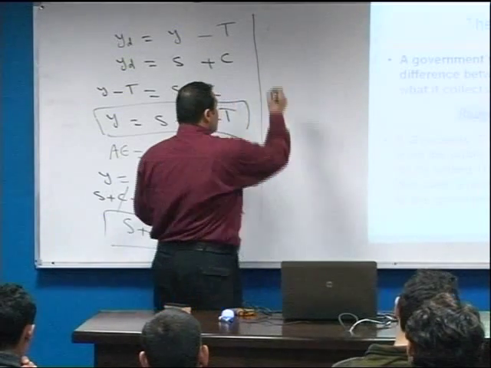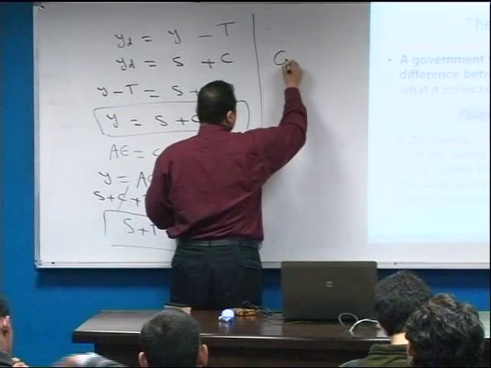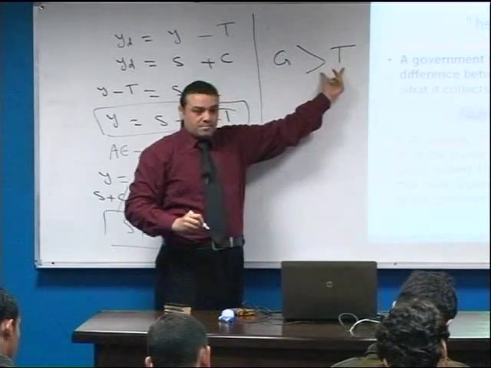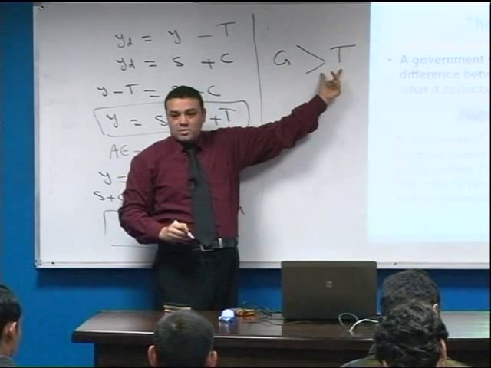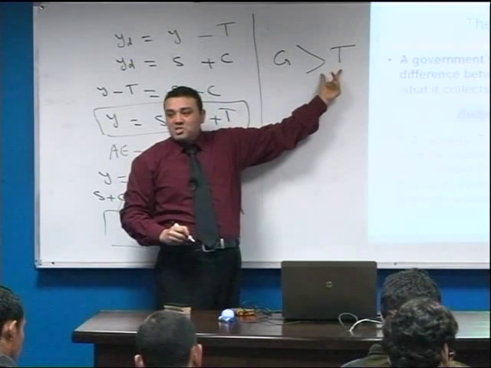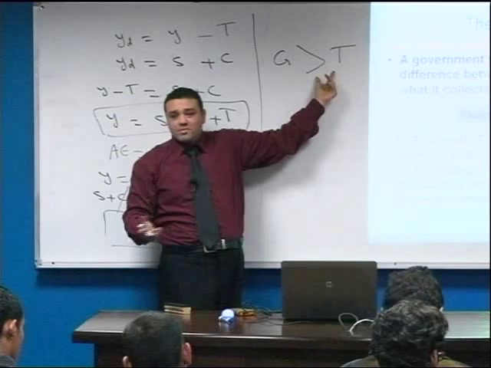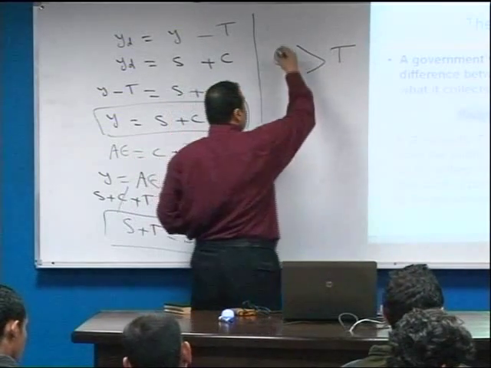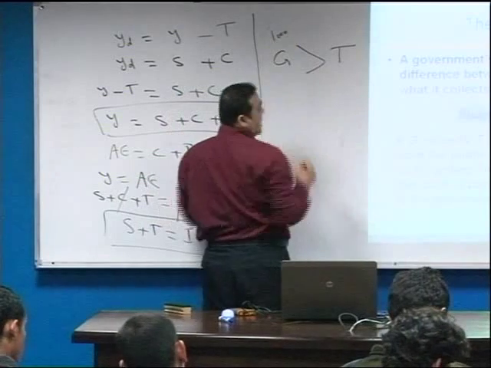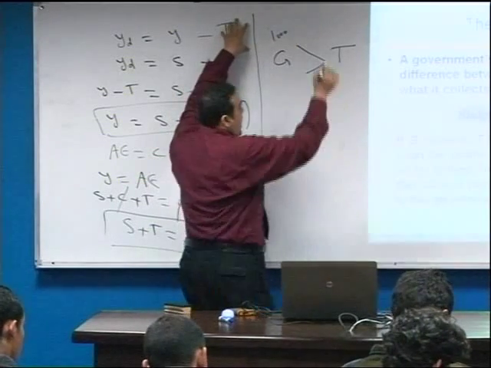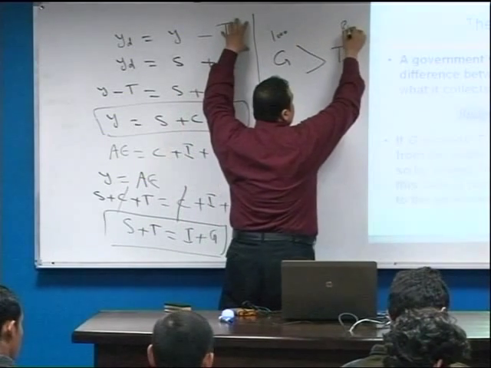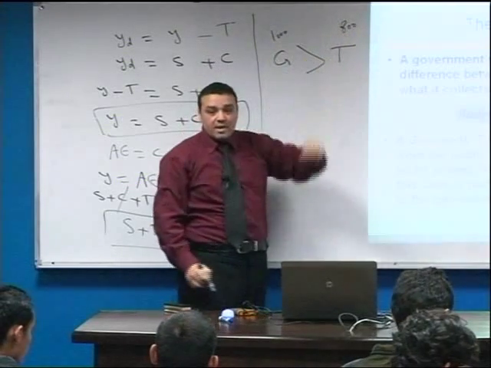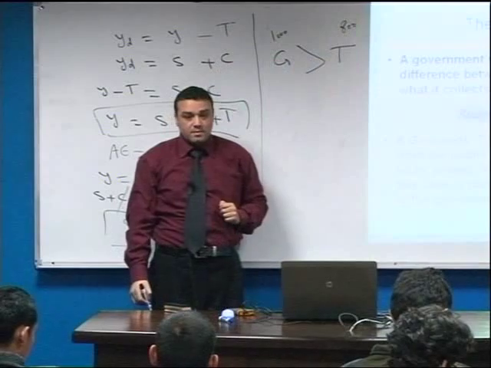If the government spending is larger than the taxes it collects, we have a budget deficit. Suppose the government decided to spend $1,000 million and it collected taxes of $800 million, this means we have a budget deficit, right?